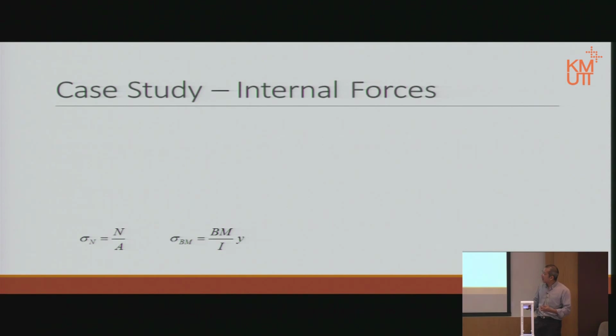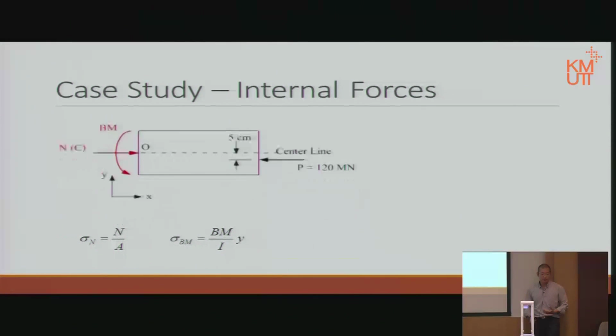So the next task is to find the axial force. The area can be calculated. Find the bending moment. I and y, I think we know how to measure them. I can be calculated, and y we know how to measure. So here is the cut section. I cut it at any point, at any length, and then draw the right hand side free body diagram.